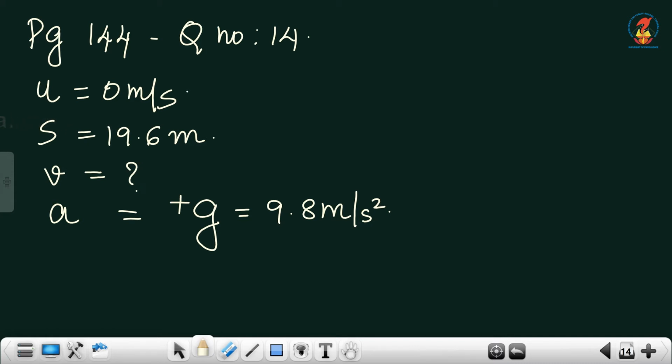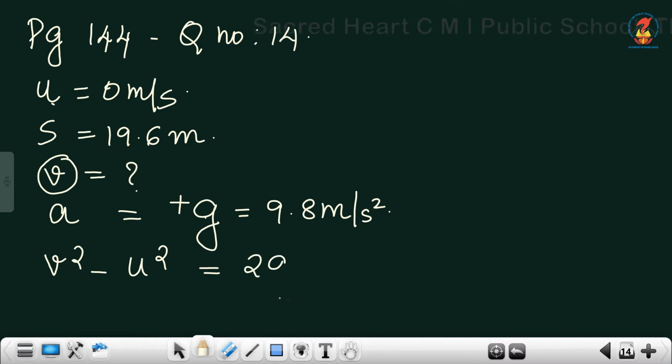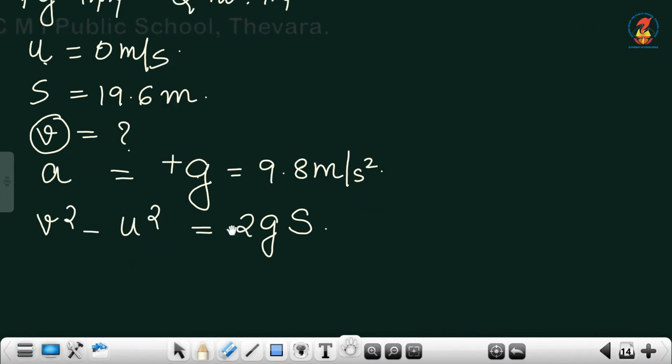We can calculate, so u, s and g are given, you need to calculate v. The equation connecting all these quantities is v square minus u square is equal to 2gs. V is what we need to find, value of u is given, value of g is given and value of s is also given in the question.